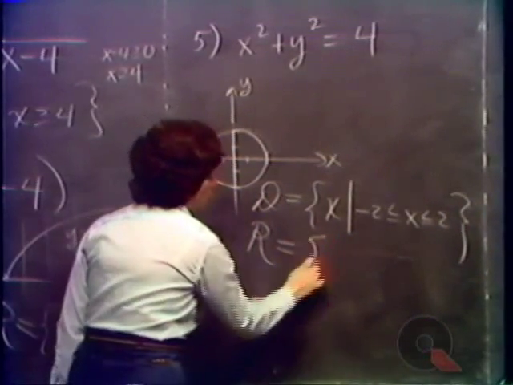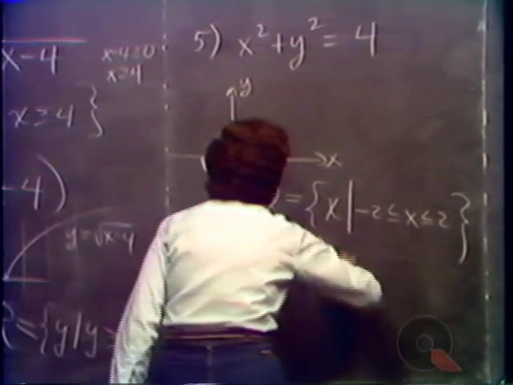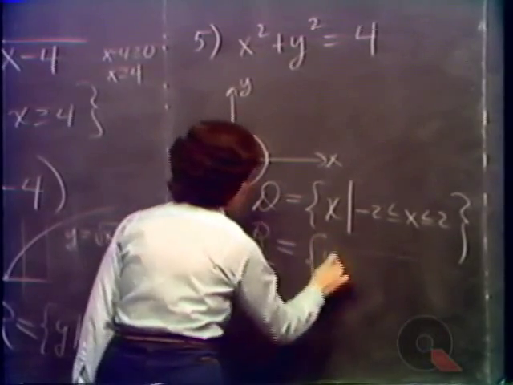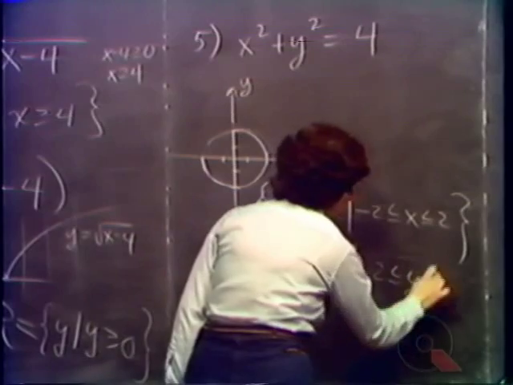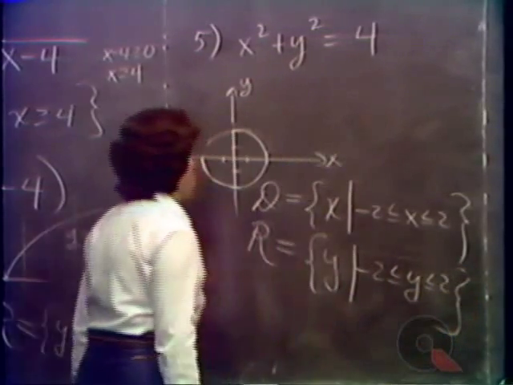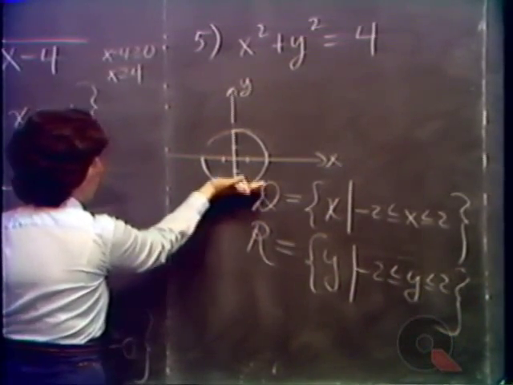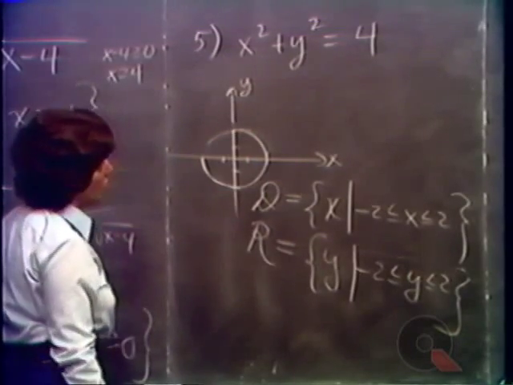And the range would be the set of all y values, also between minus 2 and plus 2. What y values come out? Only those from minus 2 up to plus 2.